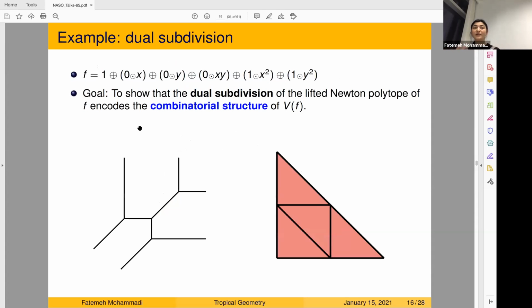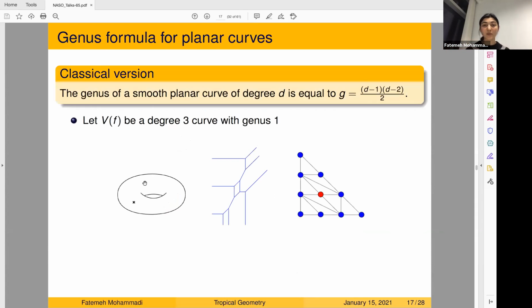So we got back to this picture that we had, this tropical curve, and then we obtain this subdivided polytope. And the idea is that their combinatorial structures are the same. The invariants that they encode are similar. Okay, so what sort of information can we get from this dual picture?